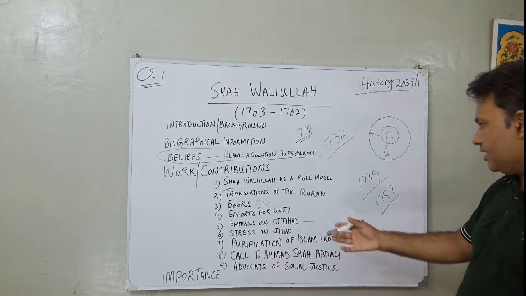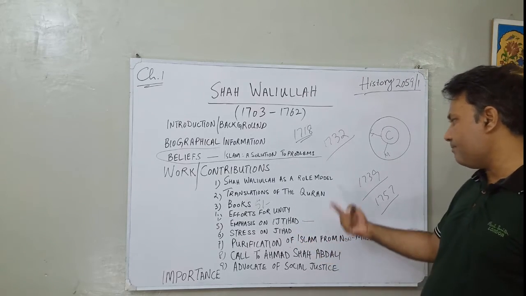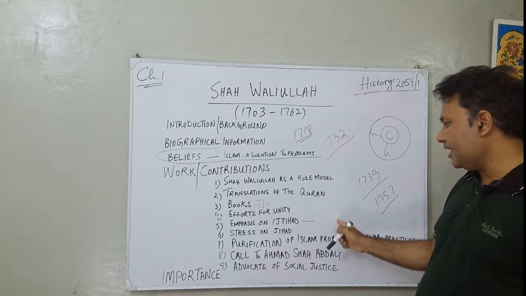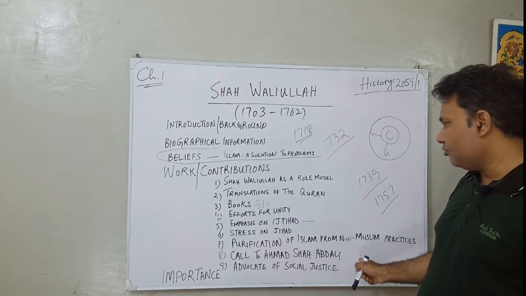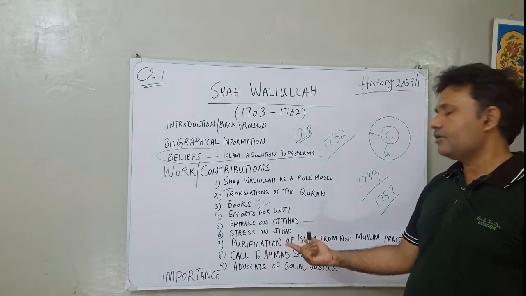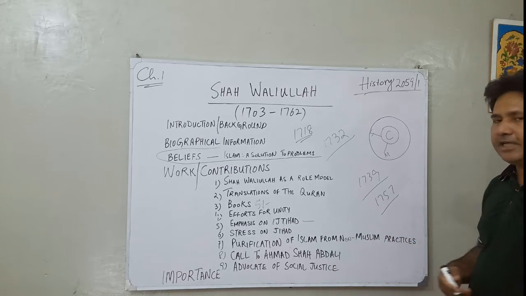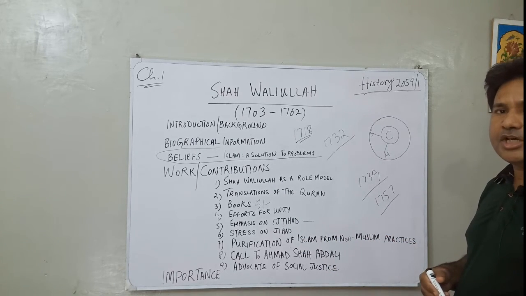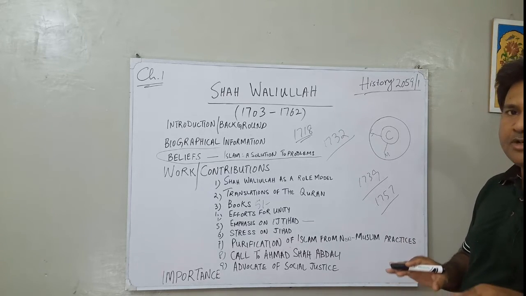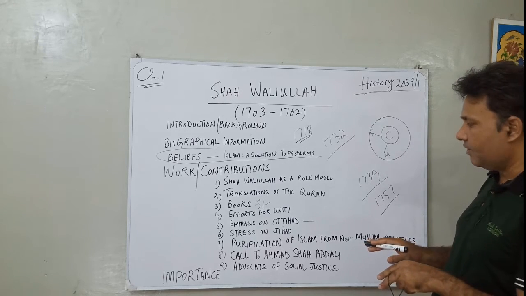And what you can do is you can highlight the importance of his contributions by repeating each of these contributions and relating it to the point of importance. Now, he translated the Quran into the Persian language, and obviously later on his two sons, Shah Abdul Qadir and Shah Rafiuddin, translated the Quran into the Urdu language 70 years after Shah Waliullah.